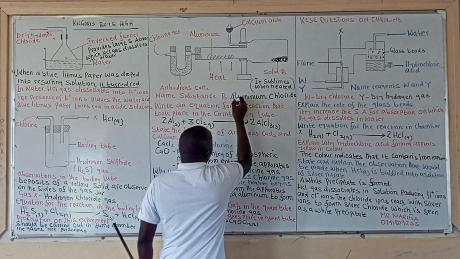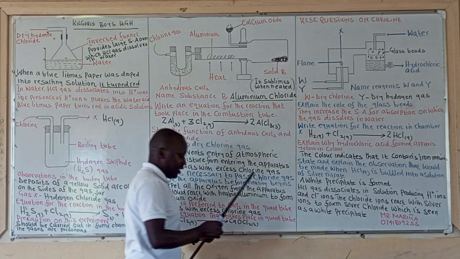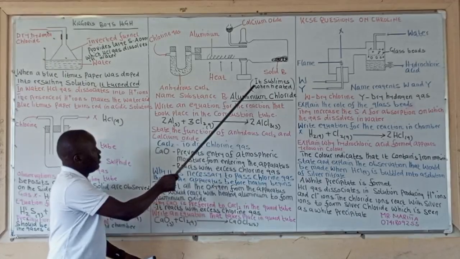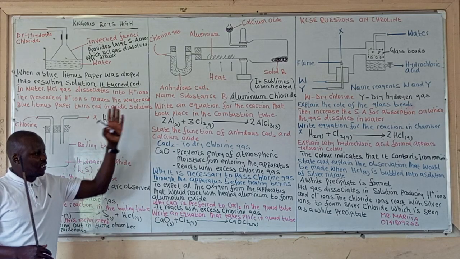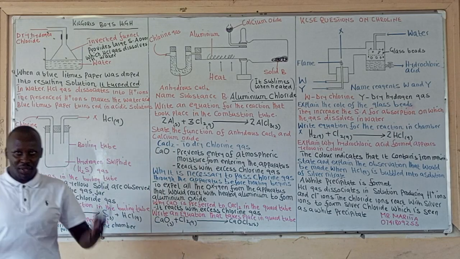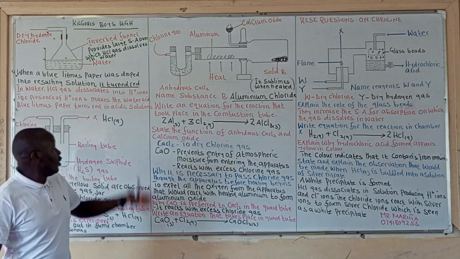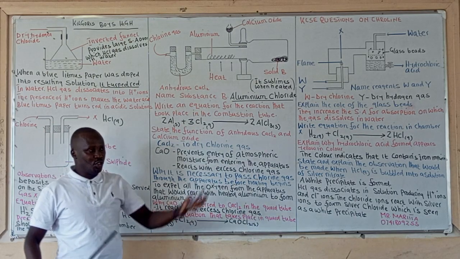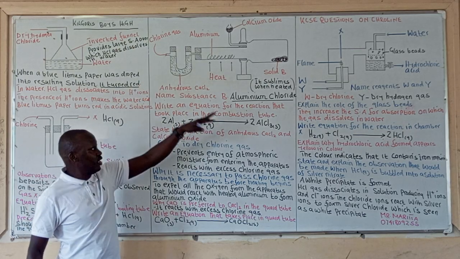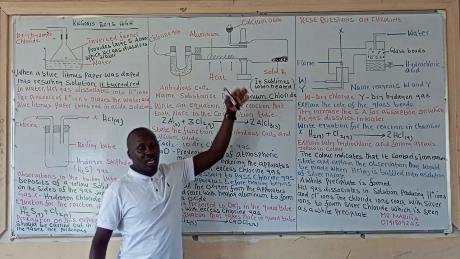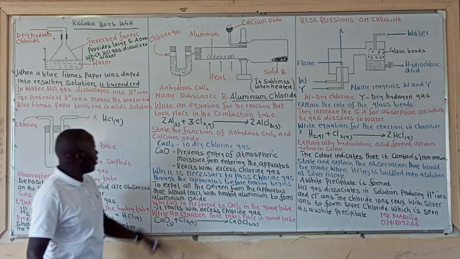So the solid P is just aluminum chloride. It is collected at this far end because it sublimes, or the property that makes it be collected at that far end is that it sublimes when heated. In place of aluminum, you can also use iron metal. The iron will combine with chlorine, and then you collect that solid as iron 3 chloride.